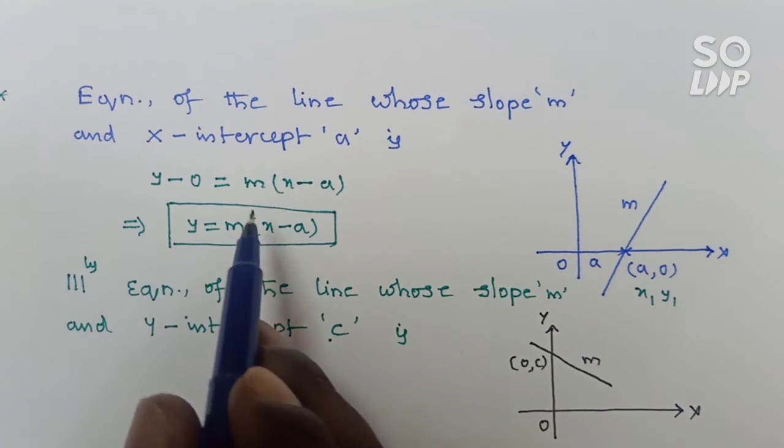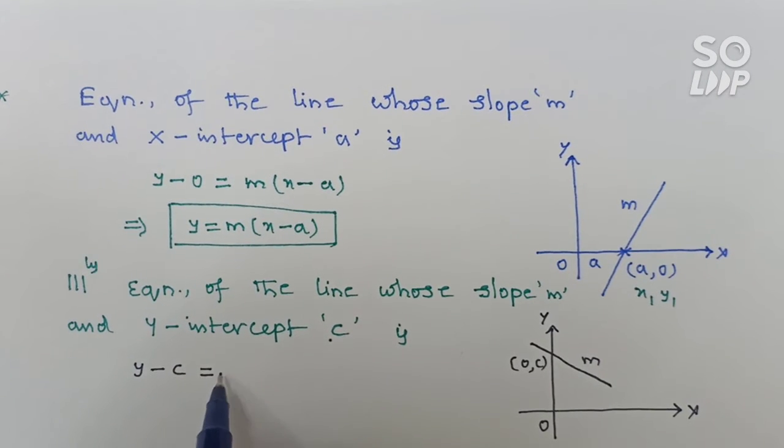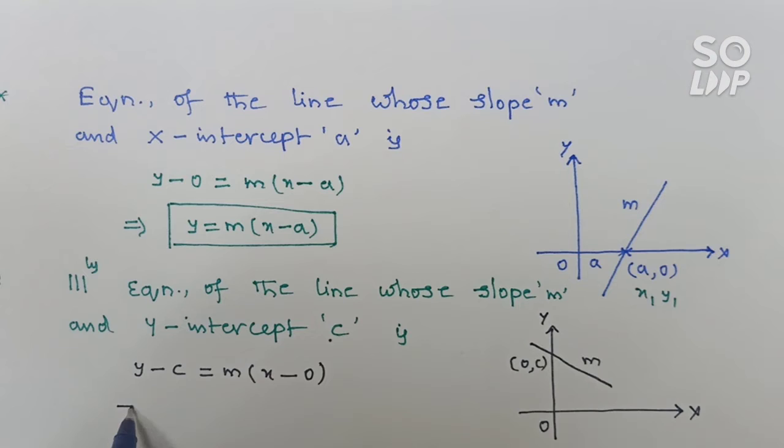Now again you apply the slope point formula. Y minus y1, that is c, is equal to m into x minus x1, which is 0. That implies y minus c is equal to m into x.